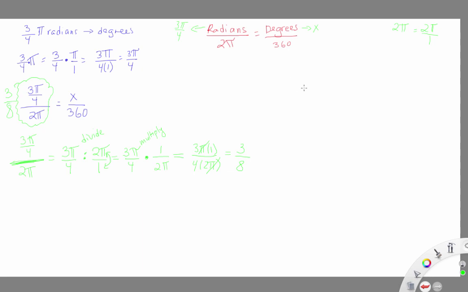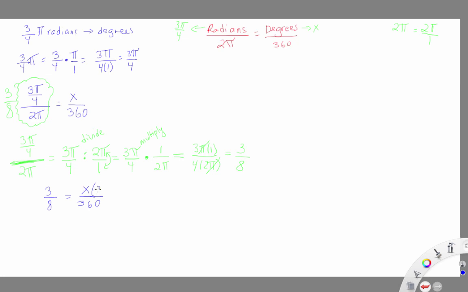Okay, now my proportion starts to look a lot easier. Now I have 3 over 8 is equal to x over 360. How do I solve this proportion? I want x to remain on its own, alone. So I have to get rid of the 360.